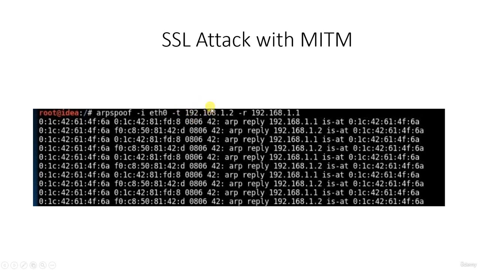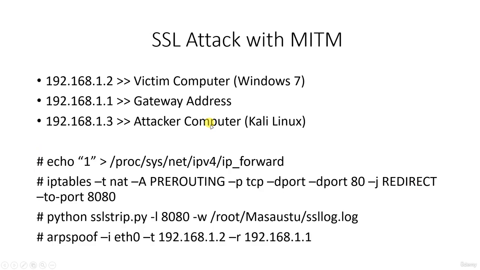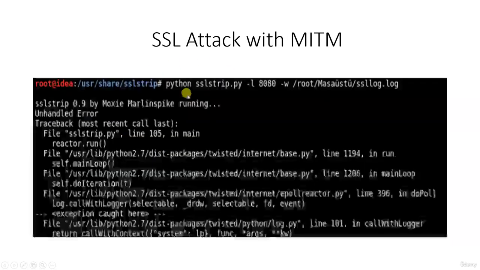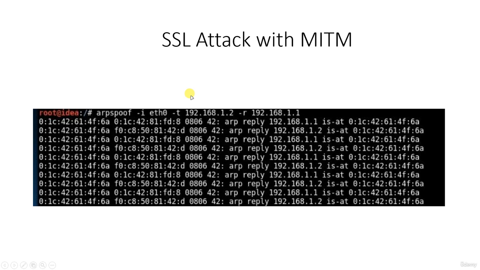Then you have to send from this IP to this IP. As you already know, this is the gateway IP and this is our 1.2 victim computer. So this is the total arpspoof command in the terminal.